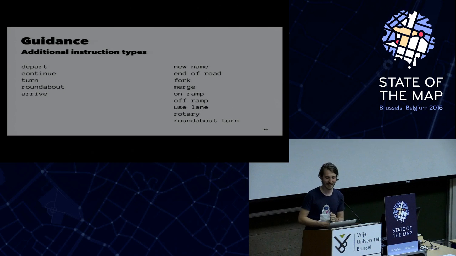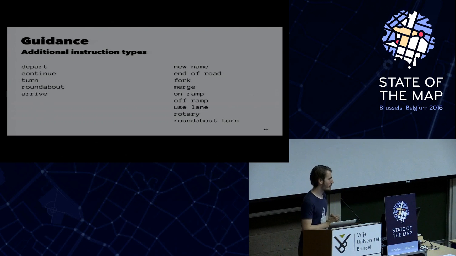So we introduced the rotary, which is a turn type, and the roundabout turn, which I'll explain later again. We don't tell you to go into the roundabout. We just tell you at the roundabout, do a turn.